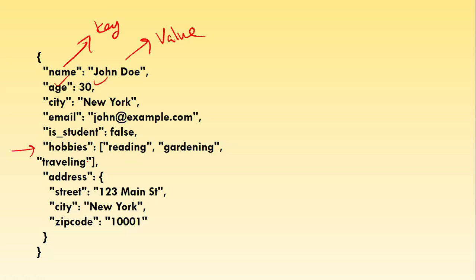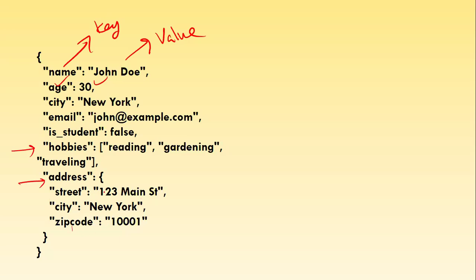In the JSON file, you can also have nested values. For example, you have an object called address. Inside this, you can specify the key value pairs.